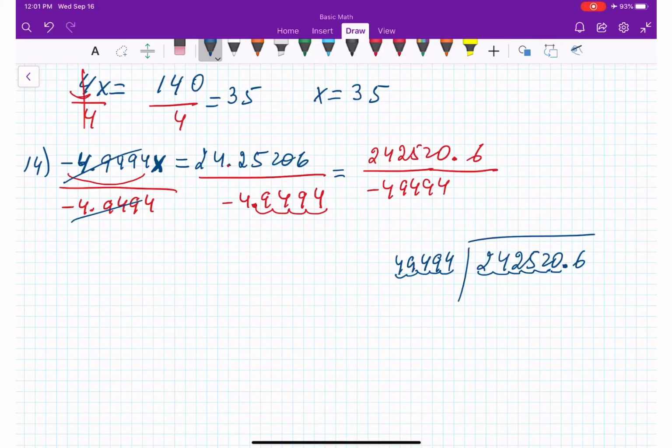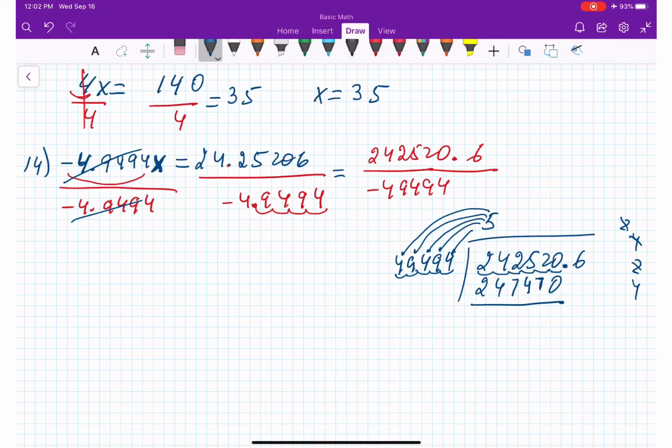Let's see. Let's try. 5 times this 4. It's going to be 20, right? 2 in mind. 5 times 9, 45, and 2, 47. 4 in mind. 5 times 4 is 20, and 4 will be 24.